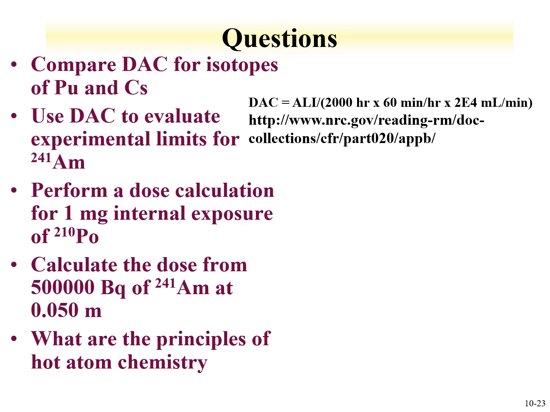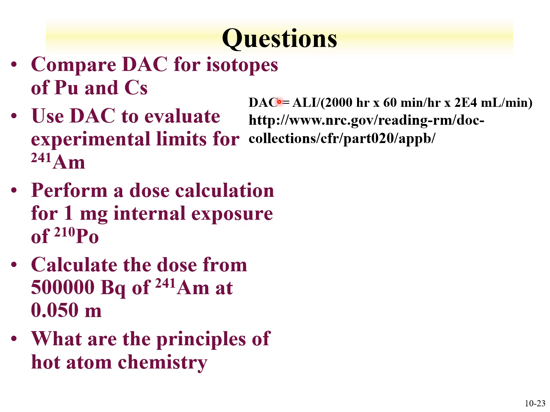You can also say, well, probably the plutonium, since it's an alpha emitter, for air concentrations. Also, the alpha particle has a quality factor of 20 compared to a beta or a gamma from cesium. You can also use the derived air concentration to evaluate experimental limits for americium-241 as an example.